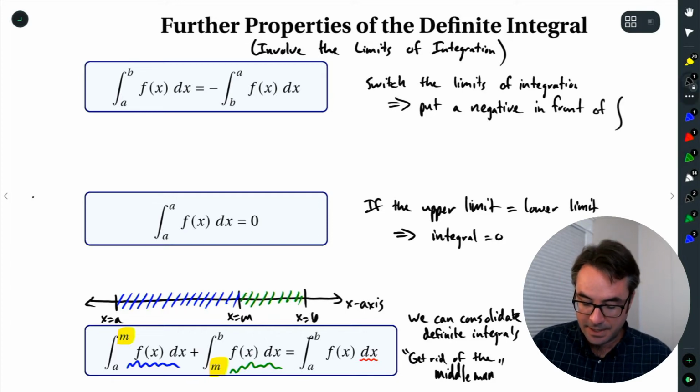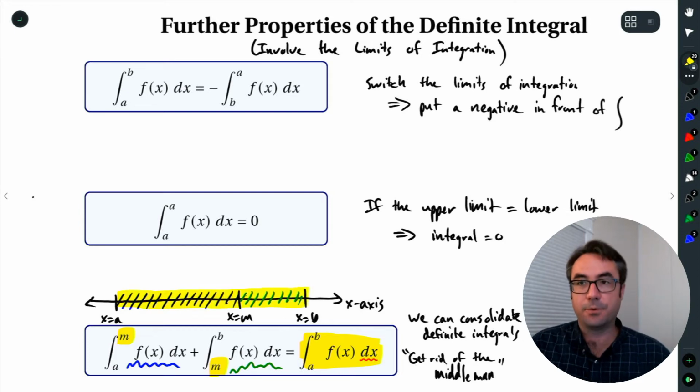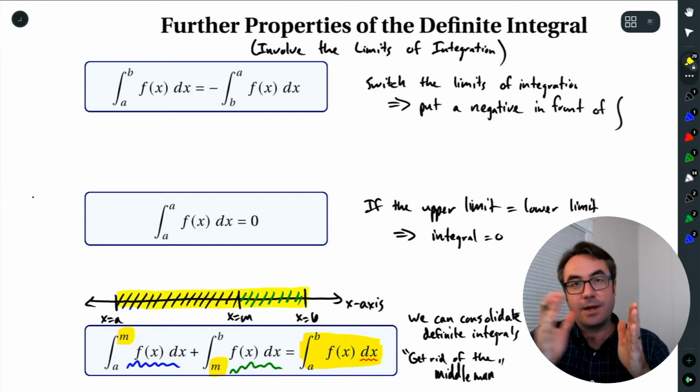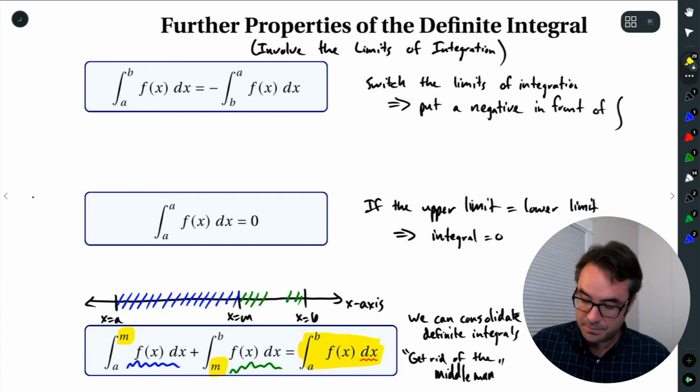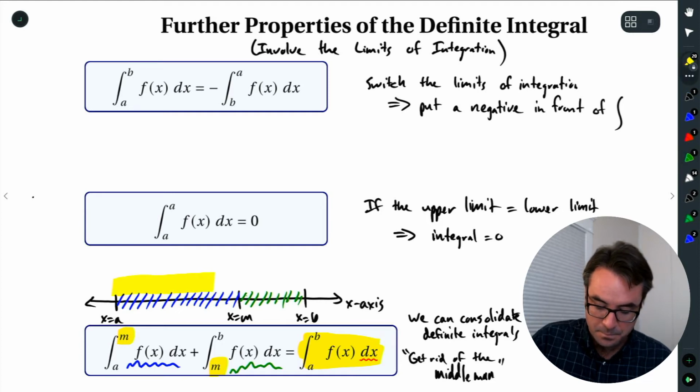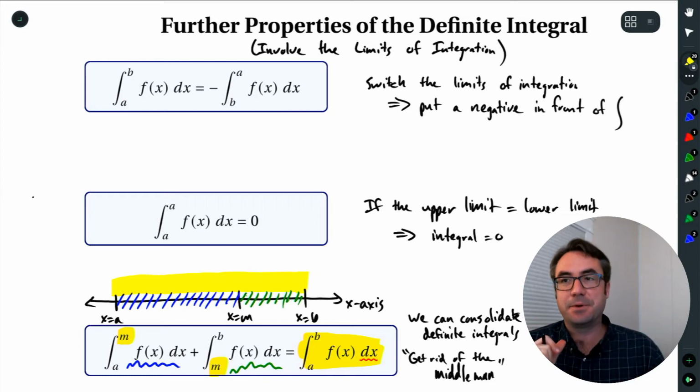So that's what this last property is saying, that we can just integrate all the way through, starting at a, integrate all the way to b, and you get the same result instead of dividing it up.